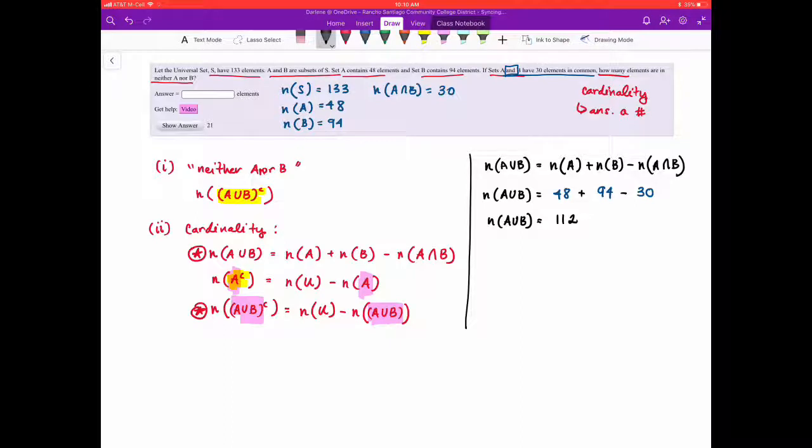So if the number of elements in the union is 112, then we can easily find the number of elements in its complement by taking the number of elements in set S, the universal set, minus the number of elements in the union of A and B. So the number of elements in set S is 103, and subtracting how many we found in the union, which is 112, we get 21.